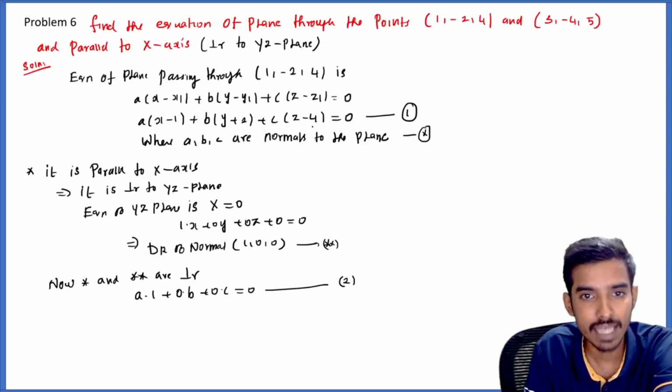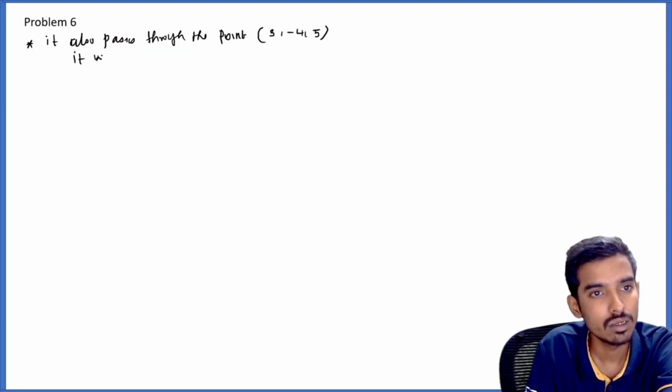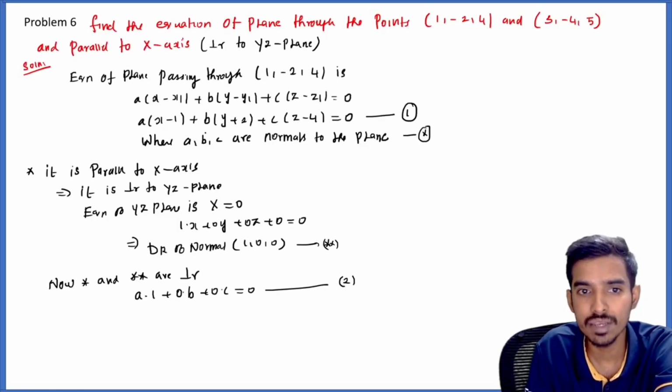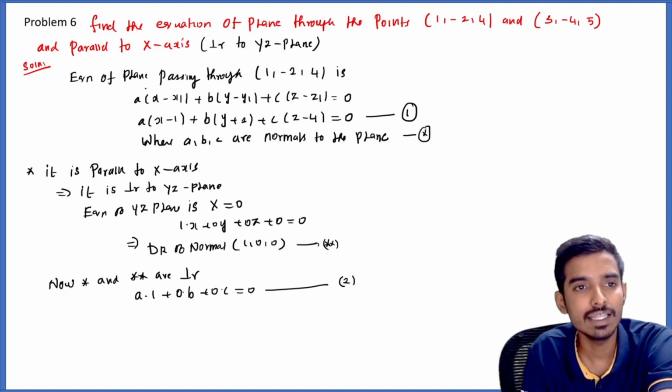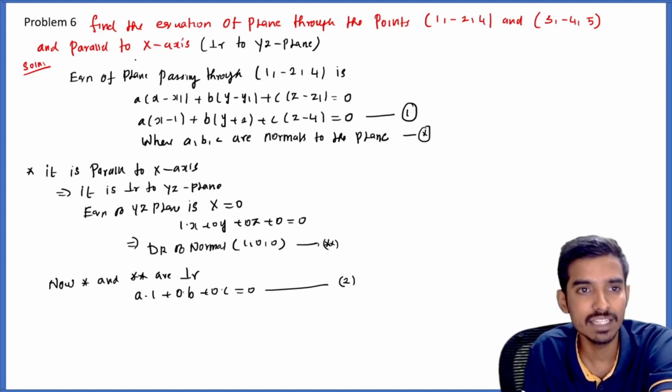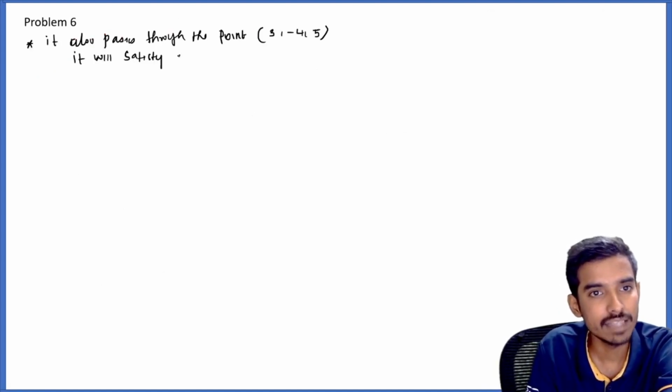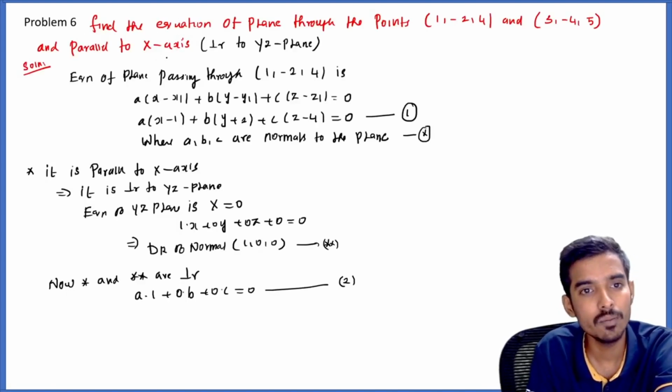That means it will satisfy equation number 1, the required equation, but we don't know a, b, c. To find a, b, c, they have given two data. One is it passes through 3, minus 4, 5. The other is it is perpendicular to the YZ plane, which is the same as parallel to the x-axis.